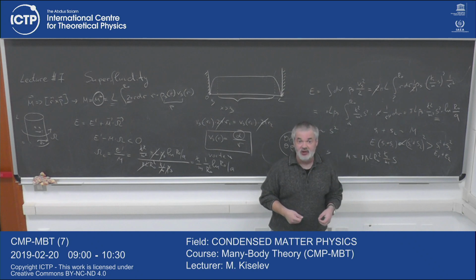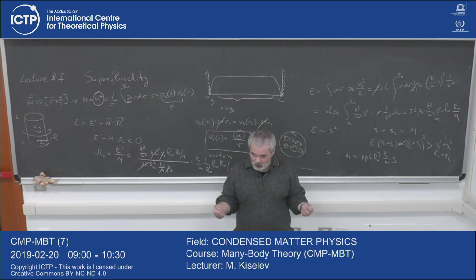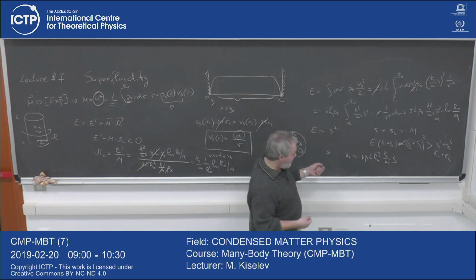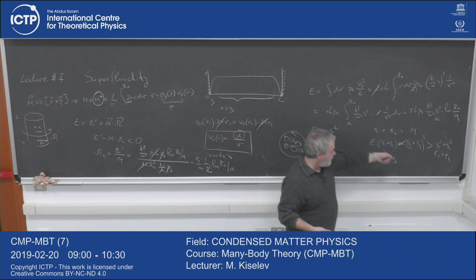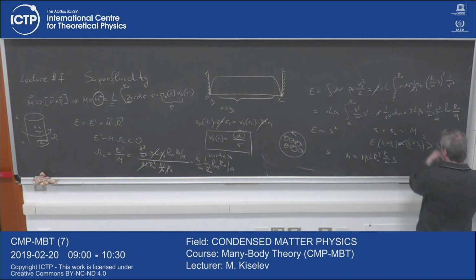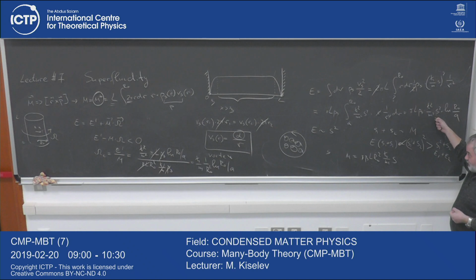Momentum is conserved. But let's see what is the energy of this big vortex. The energy of this big vortex is proportional to this integer number square. Therefore, it should be proportional to the S1 plus S2 square, which is S1 square plus S2 square plus 2 times S1 S2, and S1, S2 are positive integer numbers.